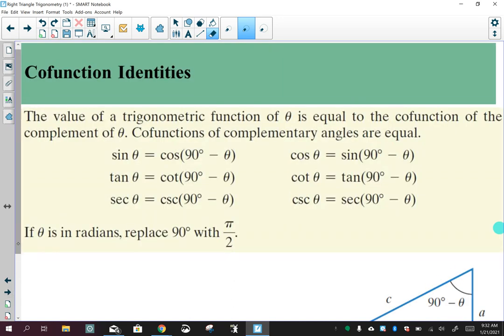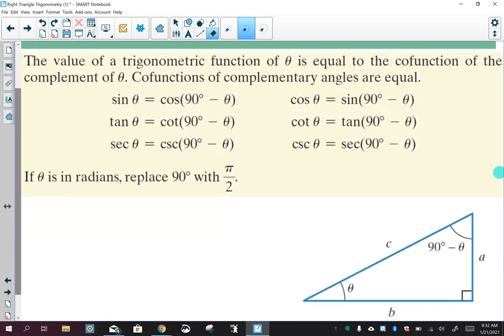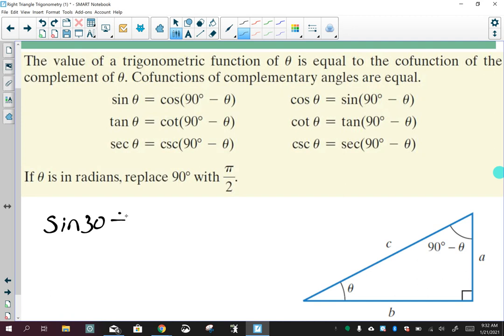You have specific cofunction identities. Sine of theta is the same thing as cosine of 90 minus theta. Tangent is the same as cotangent of 90 minus theta, and so on. If I have the sine of 30, that's the same thing as the cosine of 60.